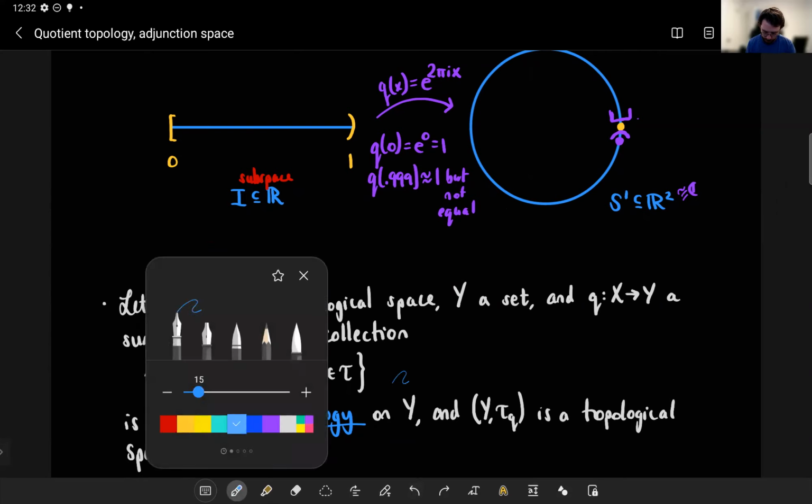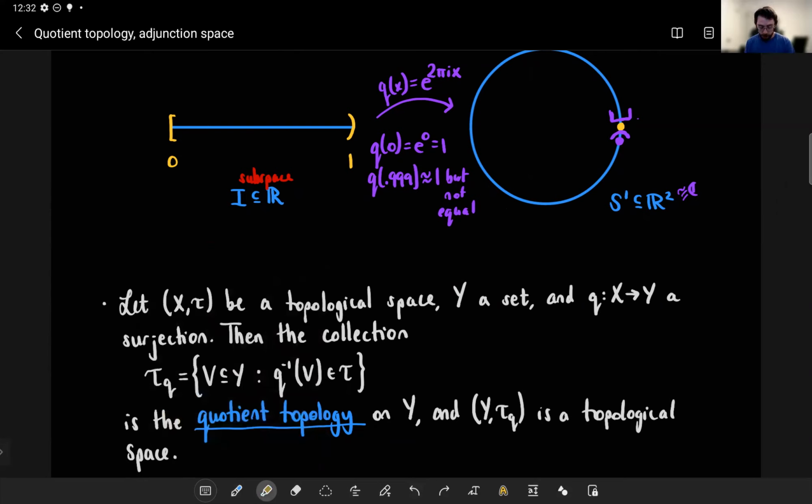So a set is open in Y if its preimage is open in X. You get the exact same sort of thing. This will be an open interval when I pull it back to the domain, so it's an open set considered as a subset of Y. And similarly, even if I looked at something like this, that would be an open set in our codomain because its preimage was an open set in the domain. So quotient maps and quotient topologies go hand in hand.